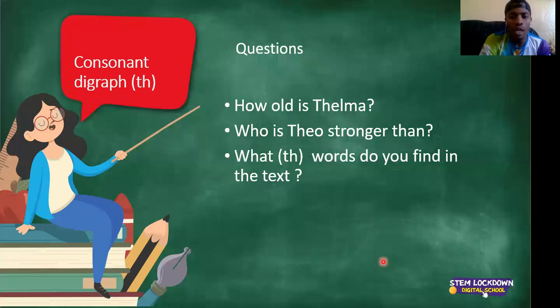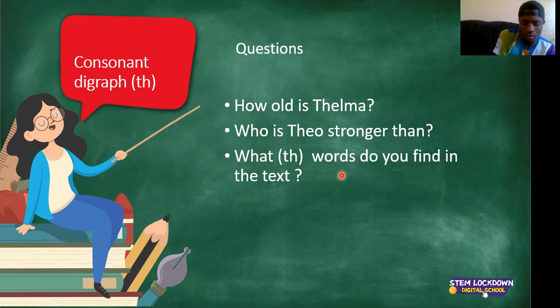I'm going to give you guys 1 minute to write down these questions quickly. And then after you have written down the questions, we'll go back to the story where I'll give you guys 1 minute to answer.